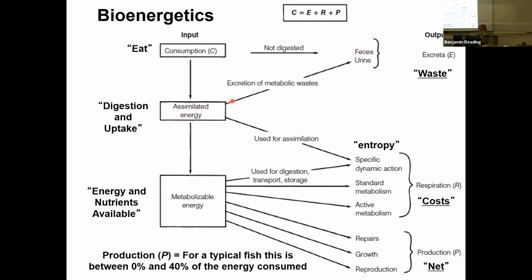Let's say then we paid that price. Now we're going to go down to our assimilated energy. It's not free. We have to move stuff around. We call this specific dynamic action. Again, it creates entropy. If you've got a nutrient in your liver and you want to send that to your muscle, it's not free. You can put it in the blood, but guess what? The heart's got to pump.